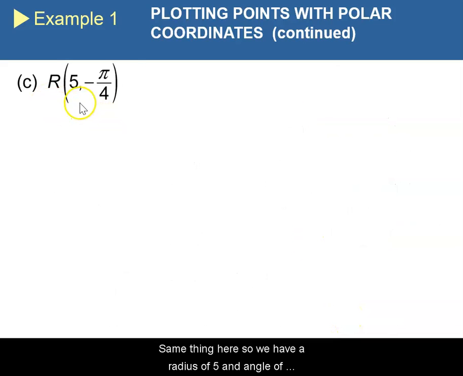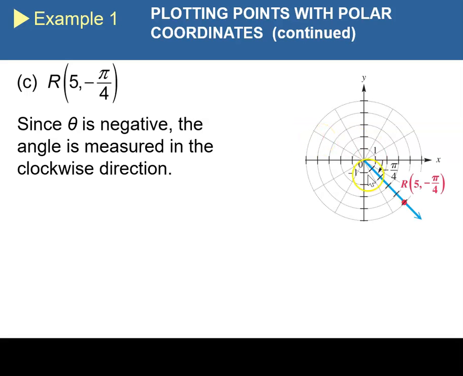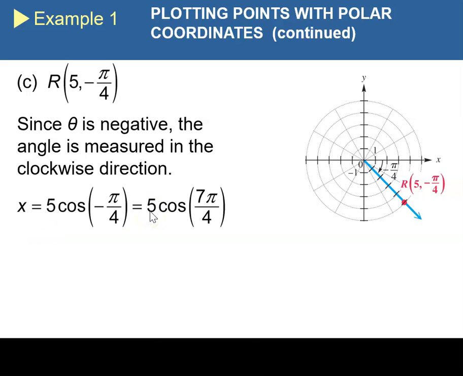Okay, same thing here. So we have a radius of 5 and an angle of -pi/4. So we would go down 45 degrees. Okay, all right, and a distance of 5, right? So we want to find out what this point is, so we do the same thing we did before. x is r cosine theta, y is r sine theta. Okay, so we get 5 root 2 over 2.